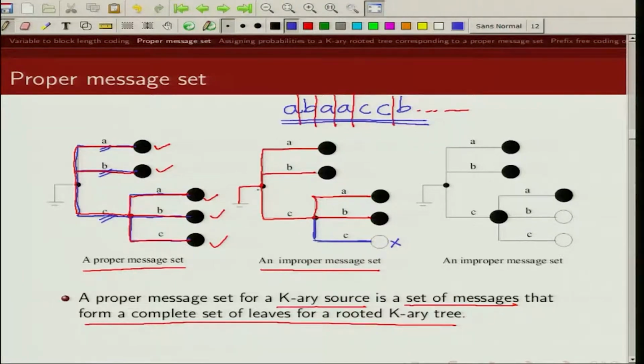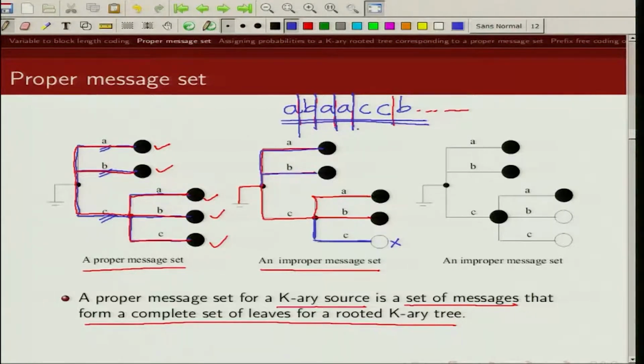So if you look here, if I get an A, my input stream is parsed. If I get a B, the input stream is parsed. I again get an A, the input stream is parsed. Now if I get a C, note that I need to look at the next bit. The next bit gives CC, but CC is not used.